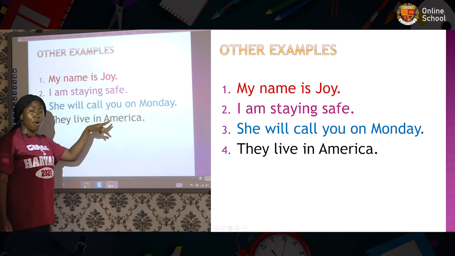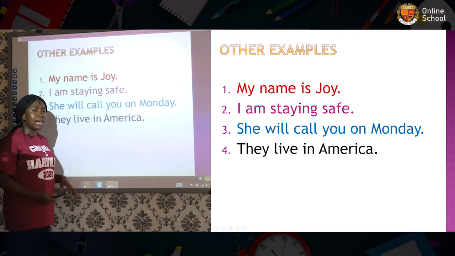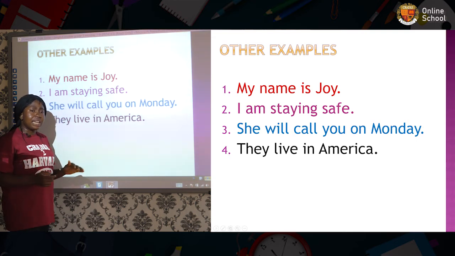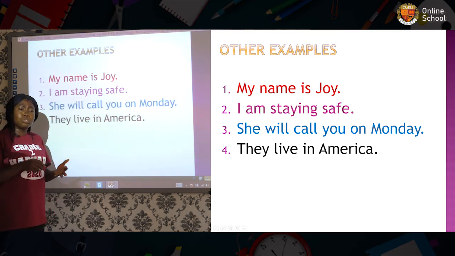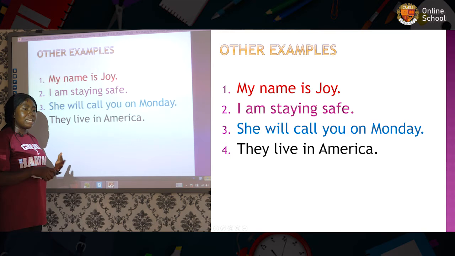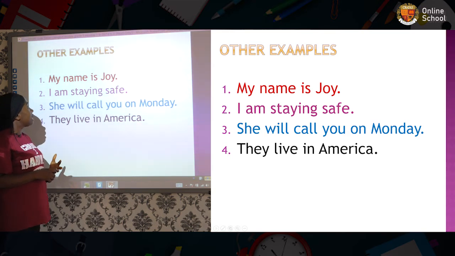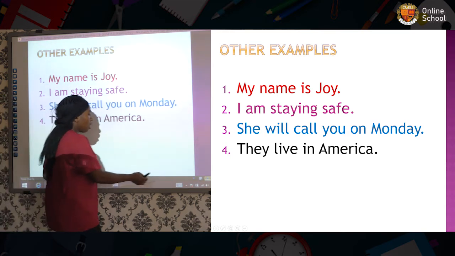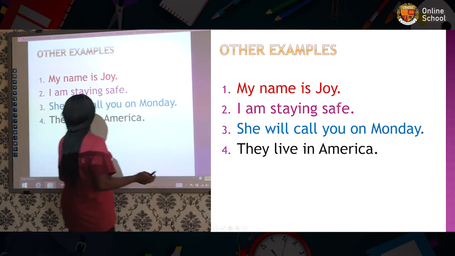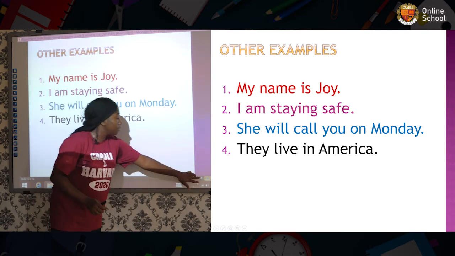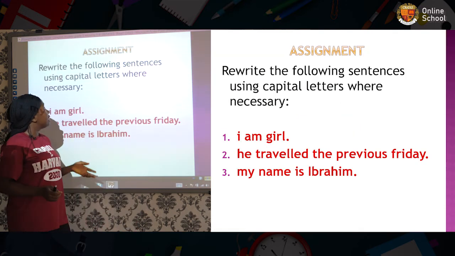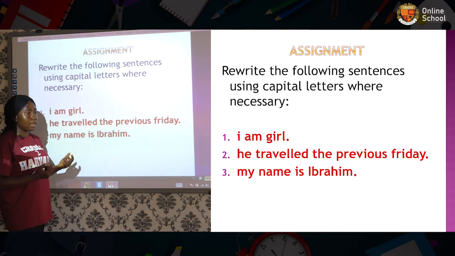That is why it will always start with capital letter. Don't forget that capital letters are used in proper nouns, they are used in places, and they should be used properly when we are making sentences, okay?